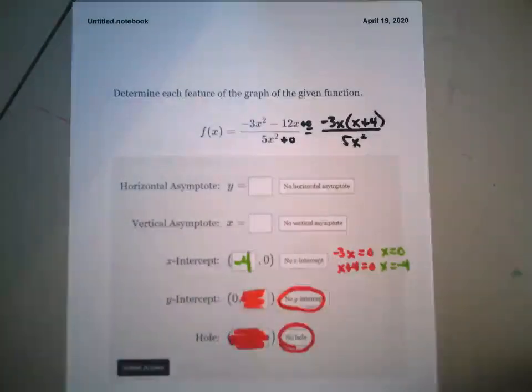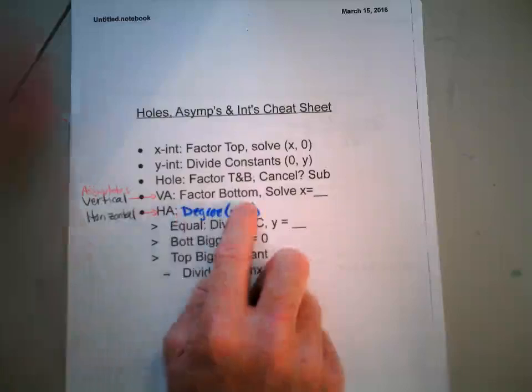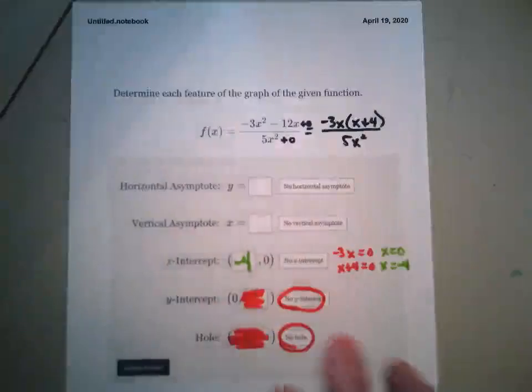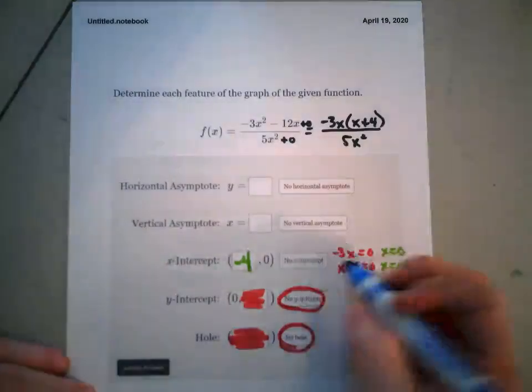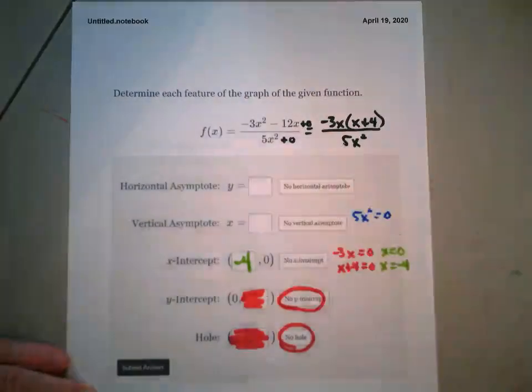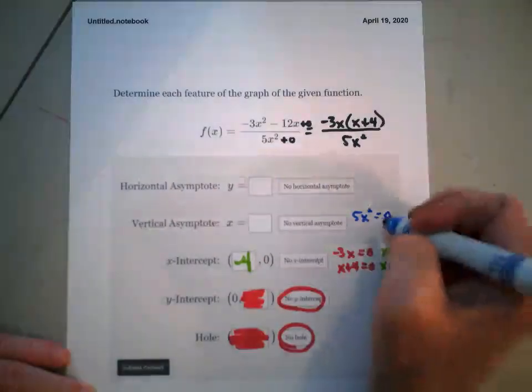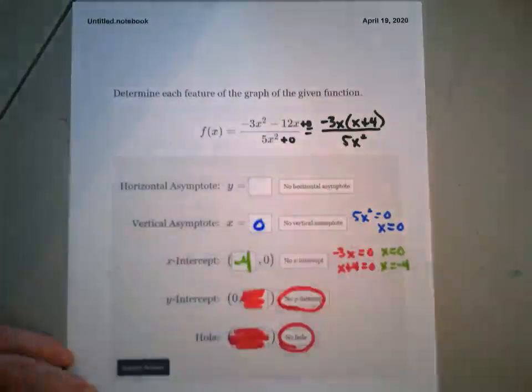A vertical asymptote. Vertical asymptote comes from factoring the bottom and solving for x. So if we take the bottom, which is already factored, 5x squared equals 0, and you solve this, you'll get x equals 0.